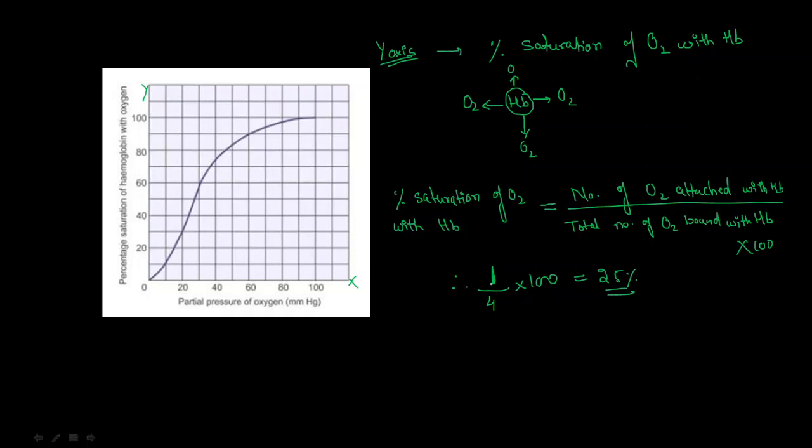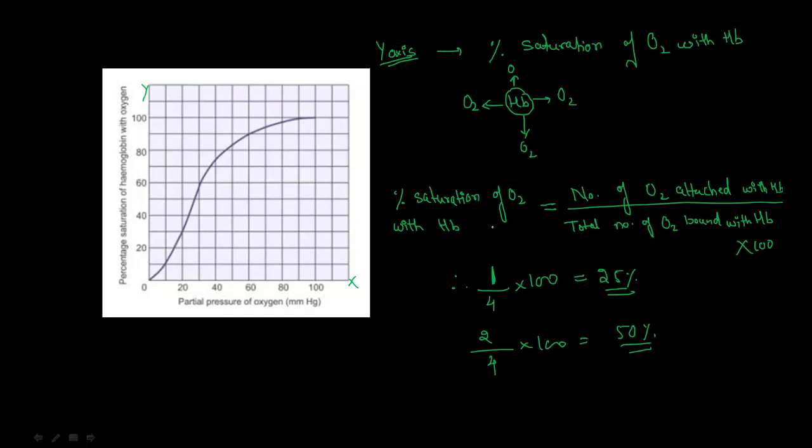So when one oxygen molecule is attached with hemoglobin, at that particular time 25% of hemoglobin is saturated with oxygen, right? In the same way, if two molecules of oxygen are attached with hemoglobin, that will give you 50% of hemoglobin that is saturated, right? So by using this formula, you can calculate the percentage saturation of oxygen with hemoglobin.